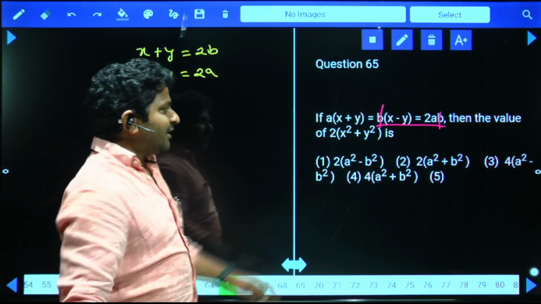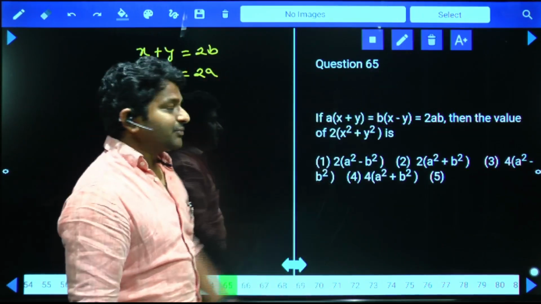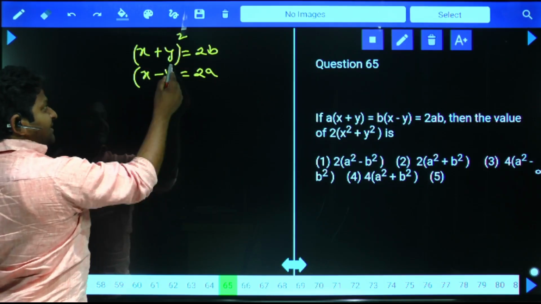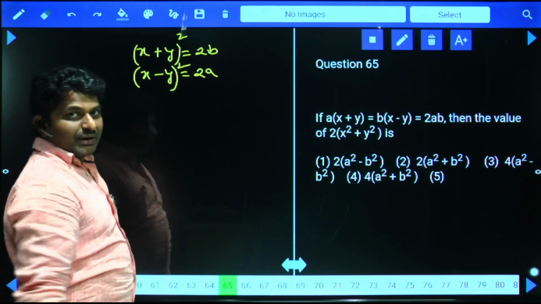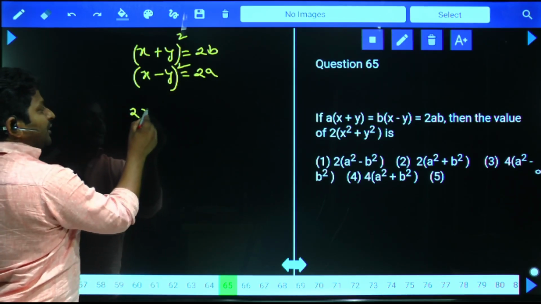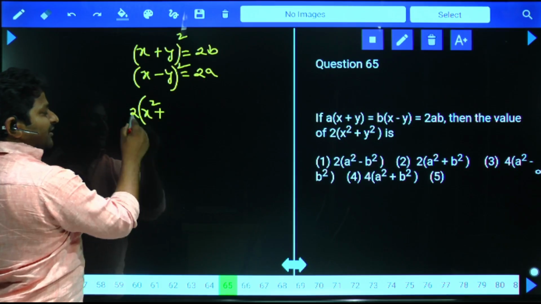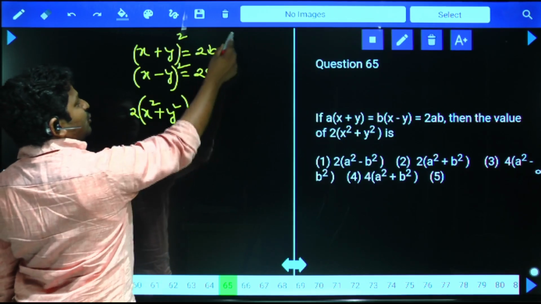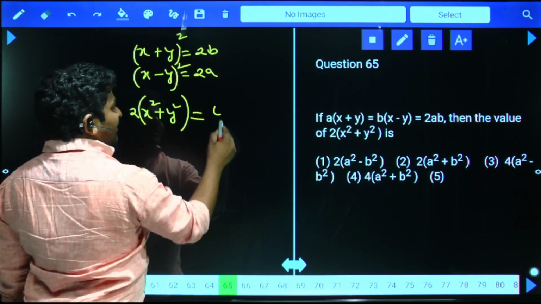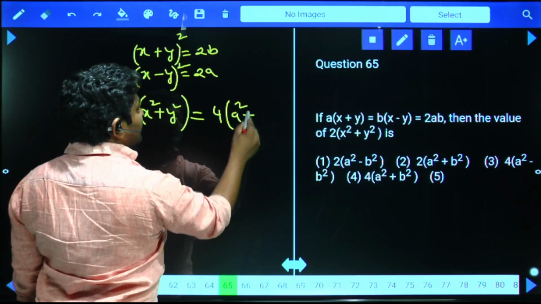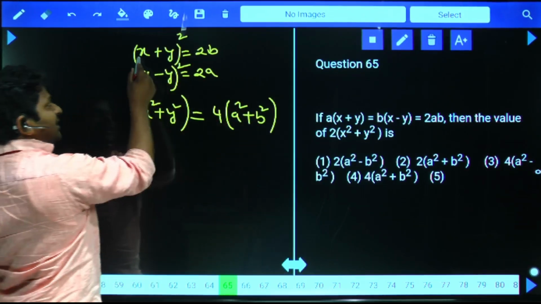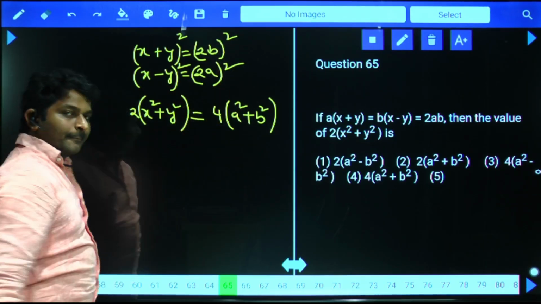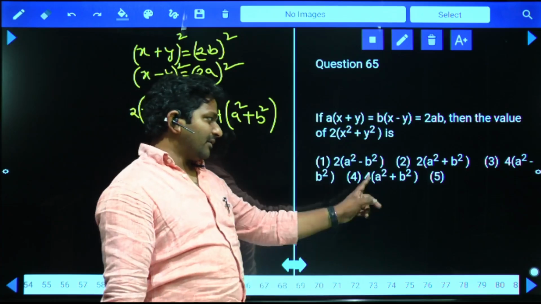Now your question is to identify 2 times x square plus y square. x plus y whole square plus x minus y whole square is equal to 2x square plus 2y square, that is equal to 2 times x square plus y square, which is equal to 2B square plus 2A square, that is 4 times a square plus b square. We are taking square of these values. 4 times a square plus b square, that is the fourth option.